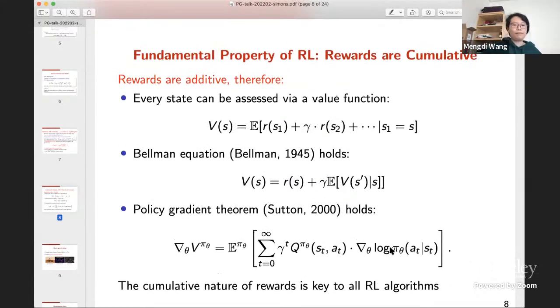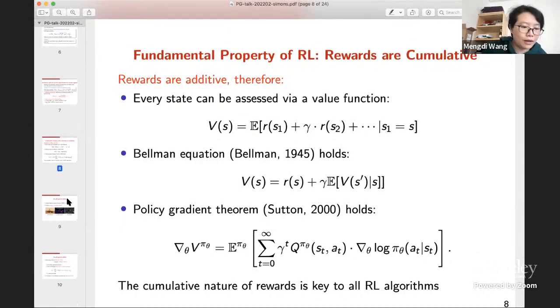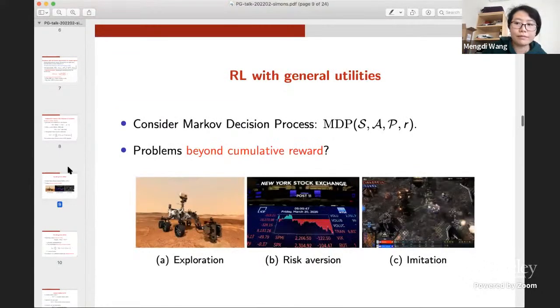However, additivity of rewards is actually a pretty strong assumption. In many applications that we care about, we might search for policies to maximize non-additive rewards. Let me give you several examples. Again, we can work with a Markov decision process, but let's consider more general objective functions.